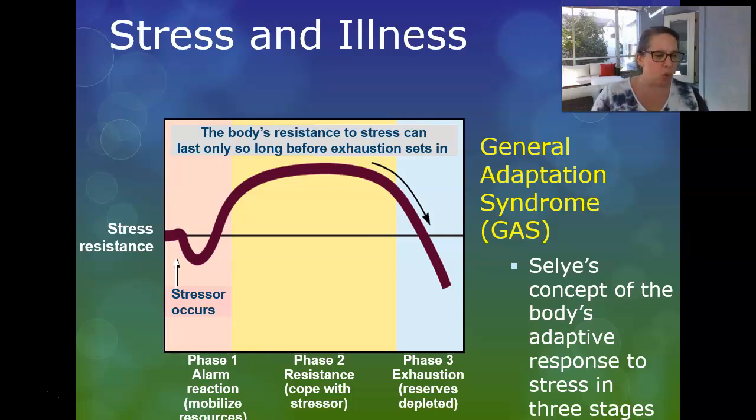At some point, your body is going to say, I can't do it anymore, and you enter the exhaustion stage, where you might literally be exhausted and sleep for days, or your body encounters some sort of illness that makes you stop, take care of yourself, and slow down a little bit.